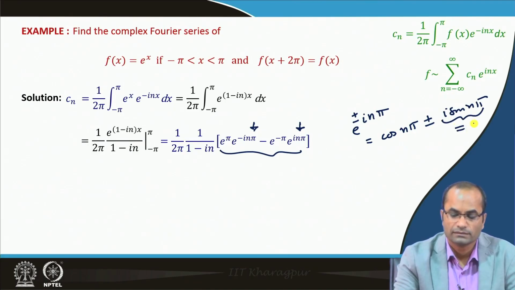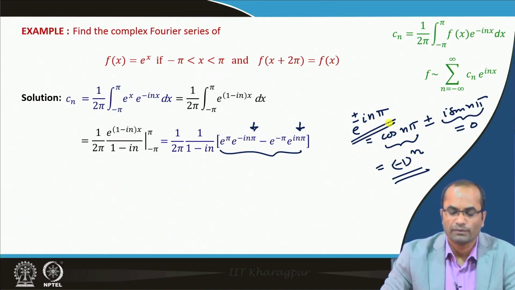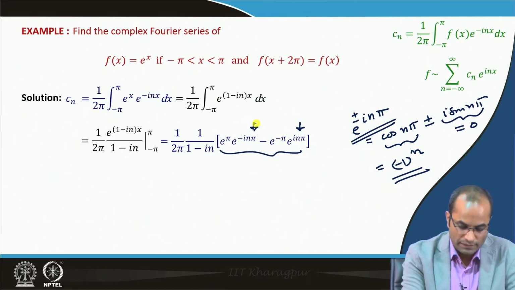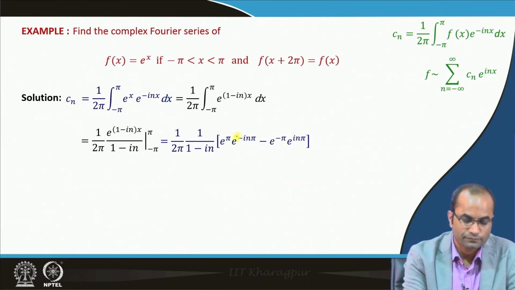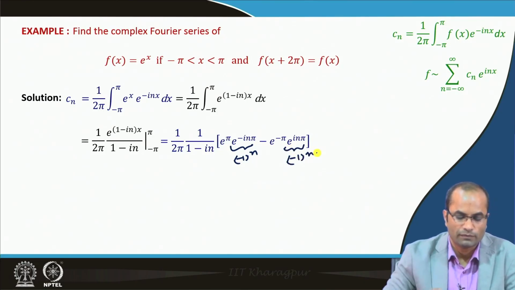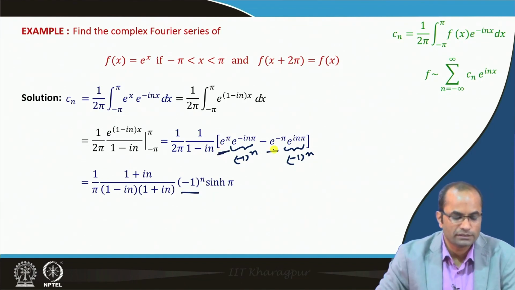Sin n pi is 0 and cos n pi is (-1)^n. So, e^(±inpi) is nothing but (-1)^n. So, we have here (-1)^n, and at this place also we have (-1)^n, which we can take common now, and then we have e^pi minus e^(-pi).